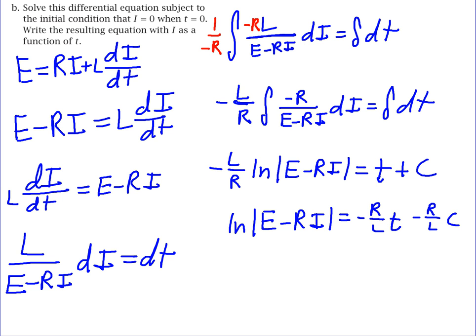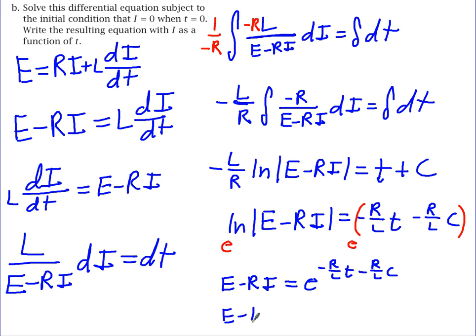Now we can exponentiate each side to get rid of our natural log. We will get the inside bit of the natural log equals the other part raised up here, so e to the negative r over L t minus r over L c.